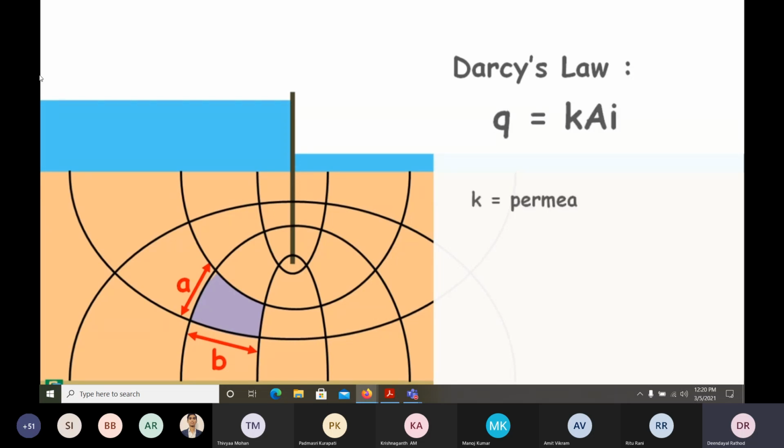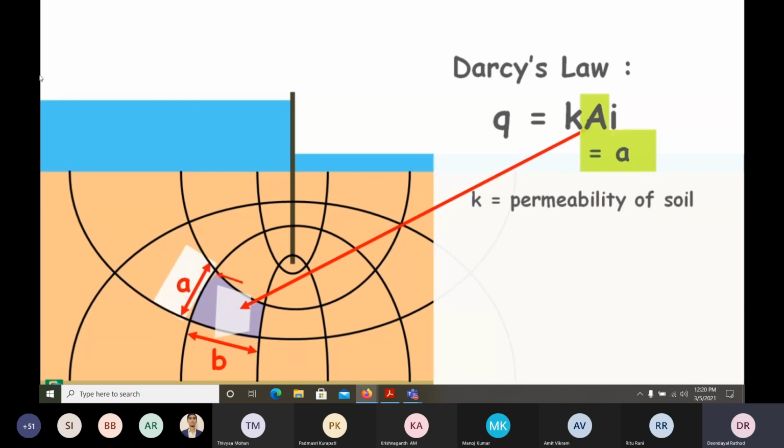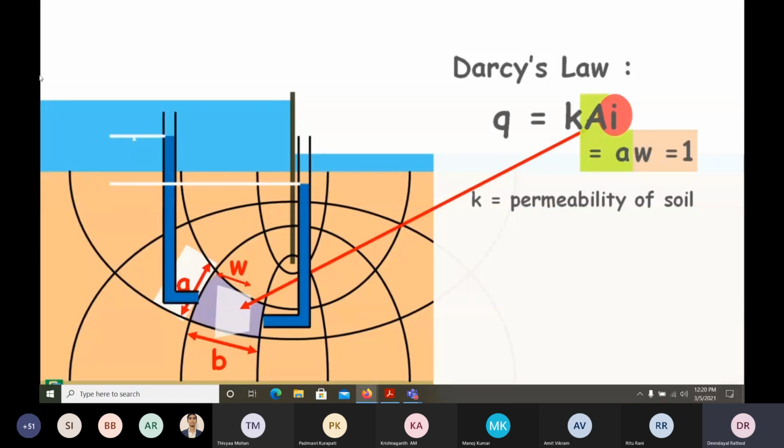Here, K is the permeability of the soil, A is the area of cross-section through which the water is flowing, which is height of the flow field a multiplied by its width, say W. But it is generally taken as 1 meter. i is the hydraulic gradient, which is head loss over the length of the flow field b, say delta H. So discharge through this flow field can be written as this.